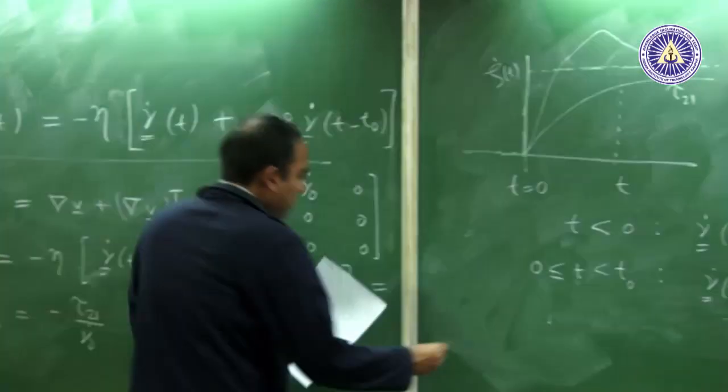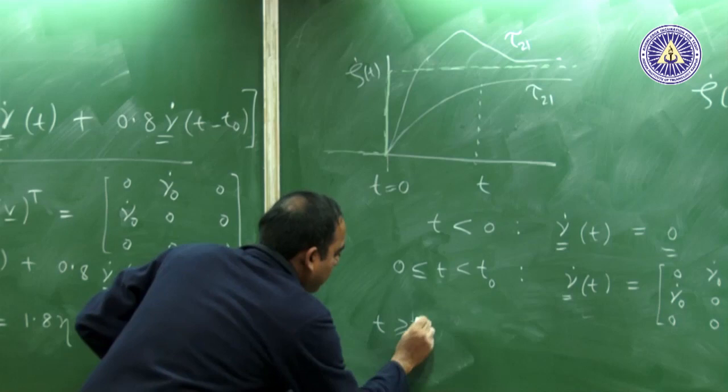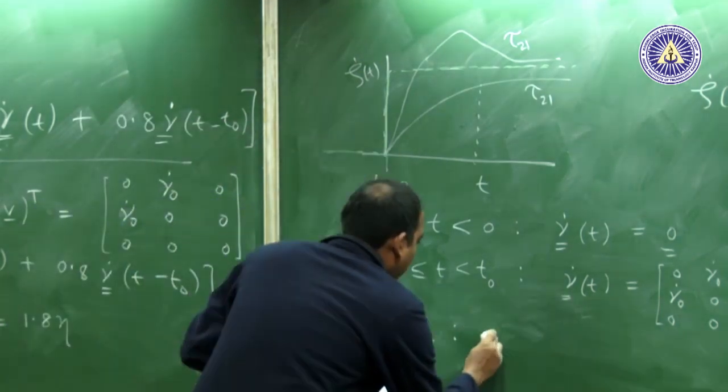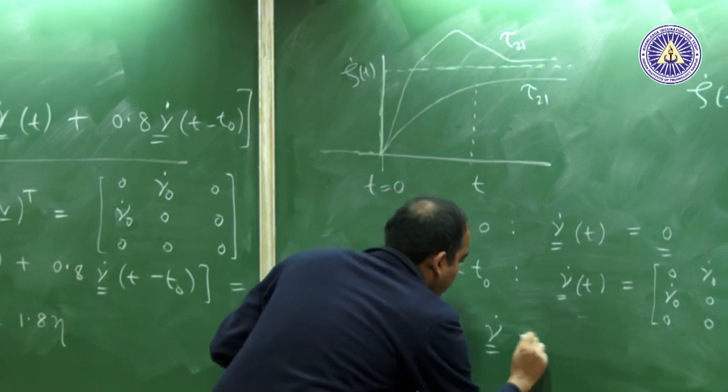And then there is a third zone which is greater than the t 0. Here I will have both to be non-zero.